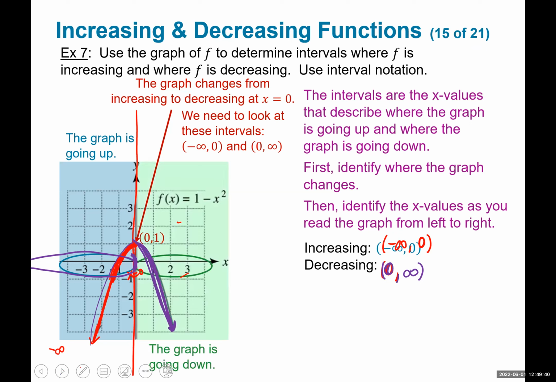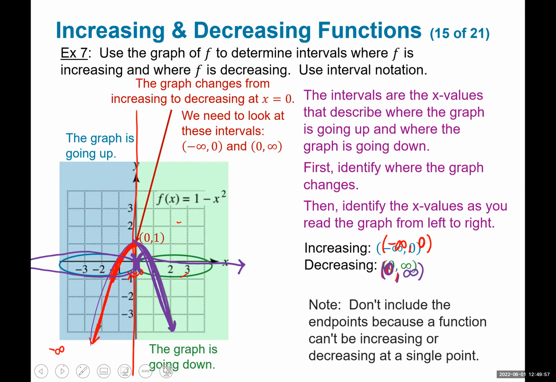Okay. This green part of the graph is going down from 0 forevermore. You can't include the endpoints because it's not increasing or decreasing at those particular single points.